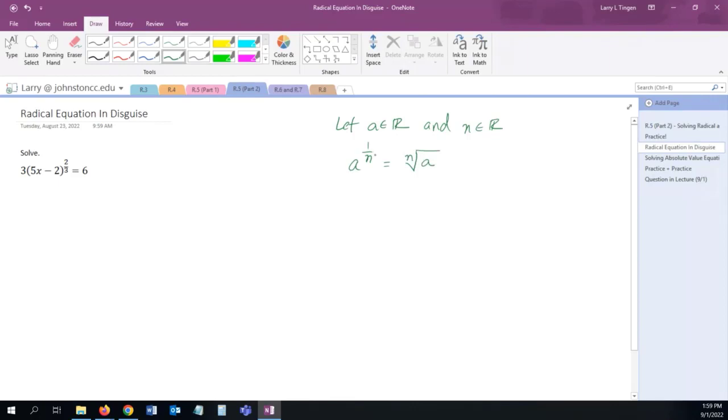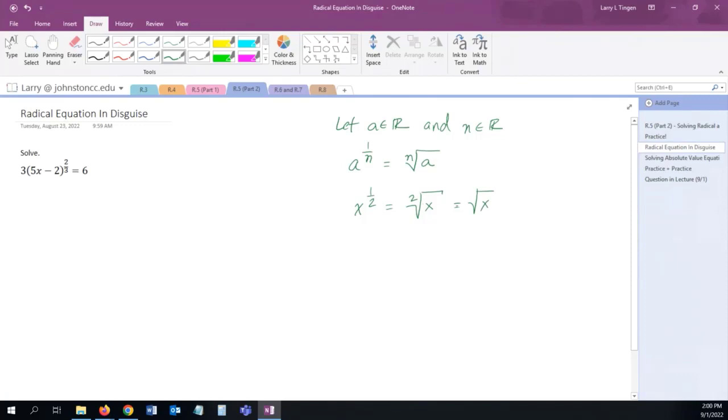So if I have a number raised to a fractional power, that is trying to tell me to take a root of some number. For instance, if I gave you x to the 1/2, that means 2 is my root, my index, and x is in the radical.